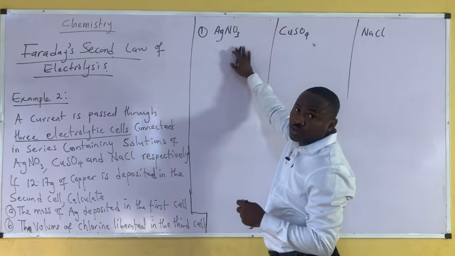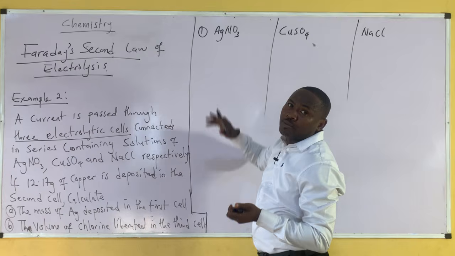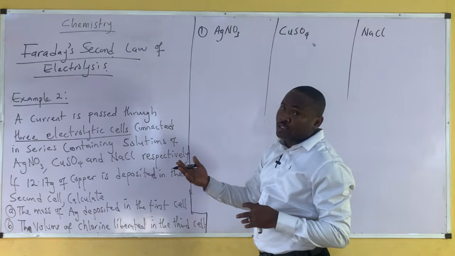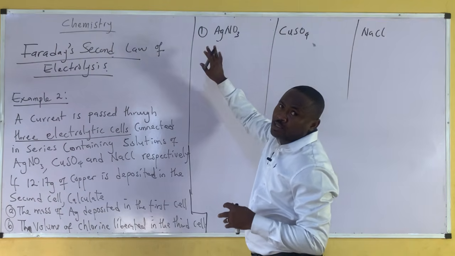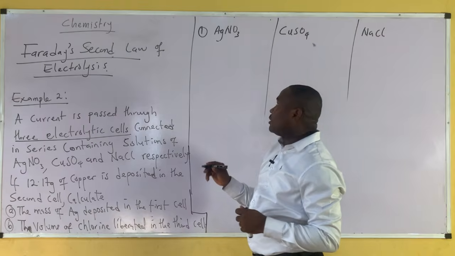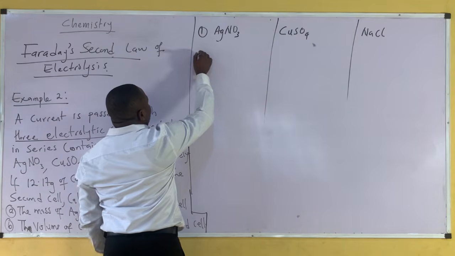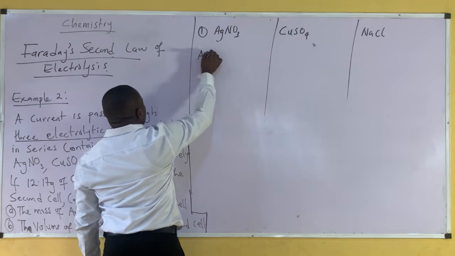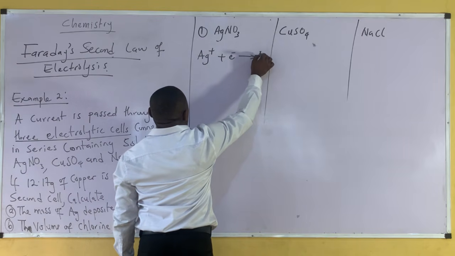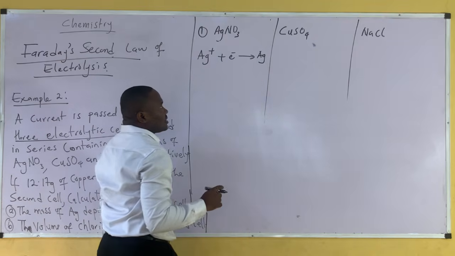Now remember that there is something I just taught previously about preferential discharge of ions. So I will not want to go through that same process again. Let me just pick out the element that the question is asking us to calculate. For silver we have Ag+ plus e- to give us Ag. Remember, this is how silver is expressed.